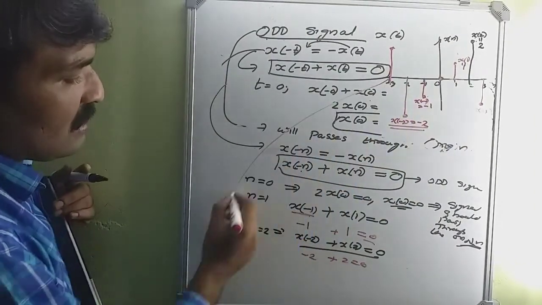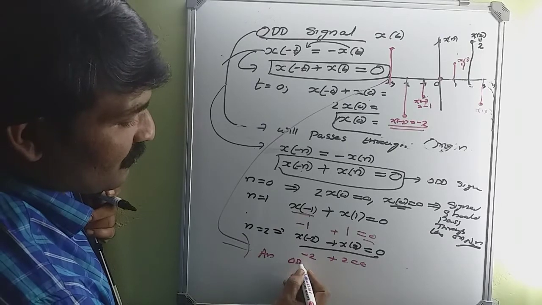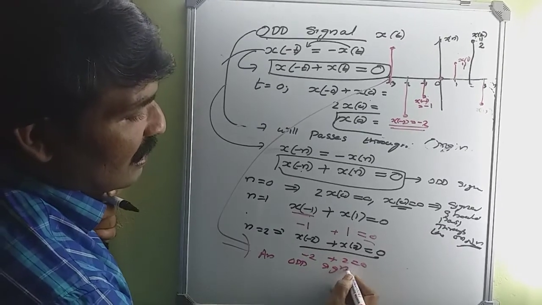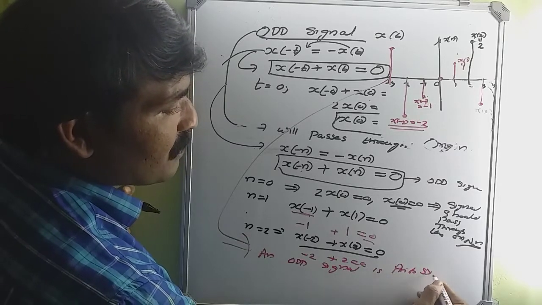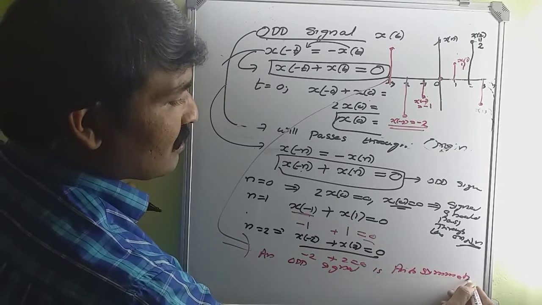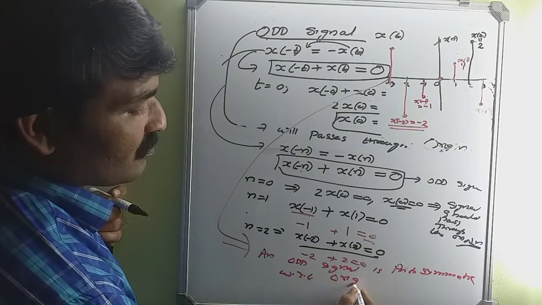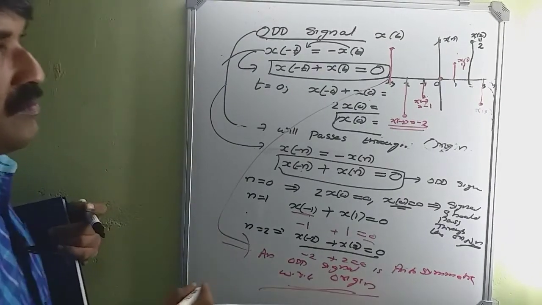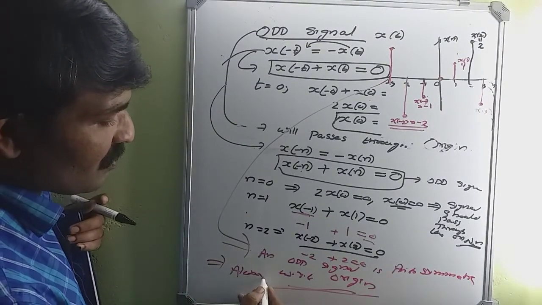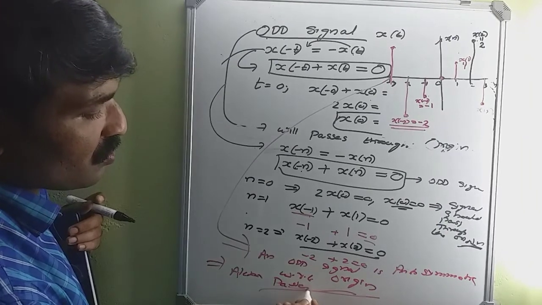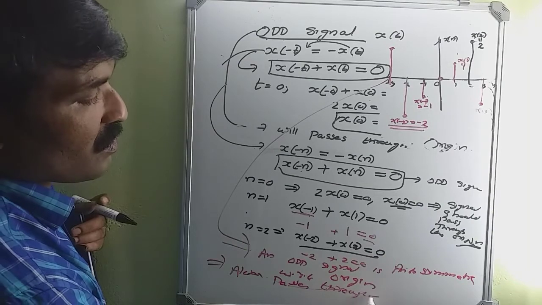This implies an odd signal is anti-symmetric with respect to the origin, and it will always pass through the origin.